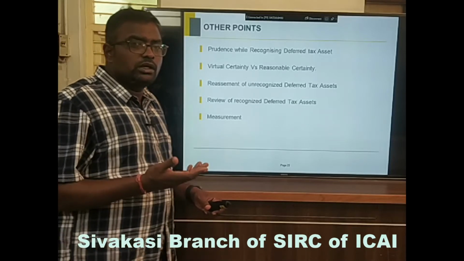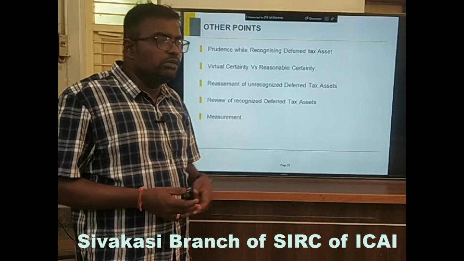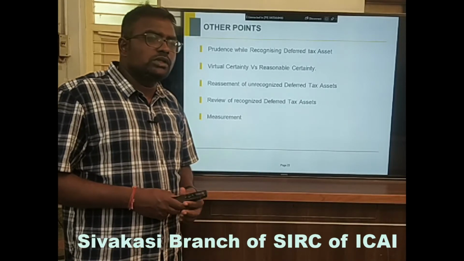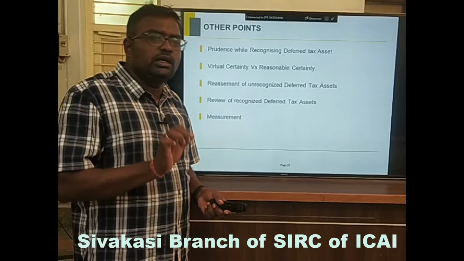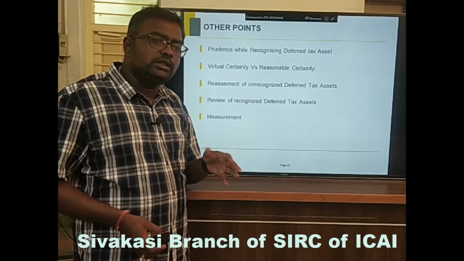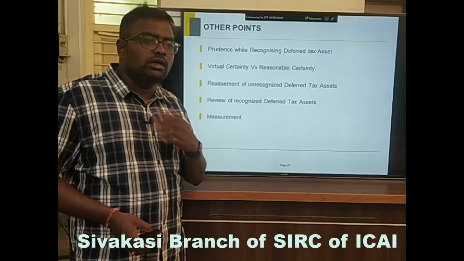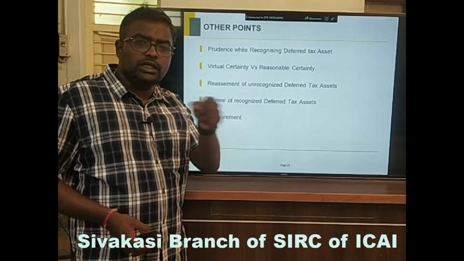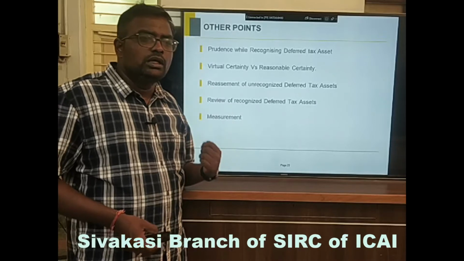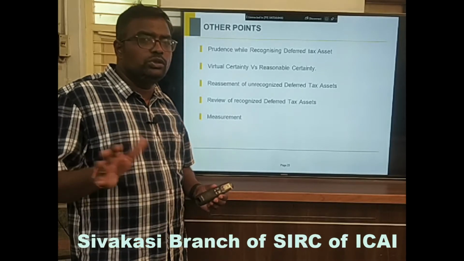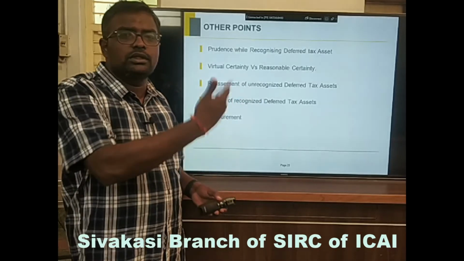As per tax you are in loss, but as per books of accounts, for some reasons you have earned a profit. In those cases you will be charged a minimum alternative tax, which will be lesser than the normal tax rate, which is 18%. So in that scenario, should I go for 18% deferred tax or the normal rate? The standard says you have to recognize deferred tax at the normal rate, though you are under MAT for the next 3 years or 4 years.